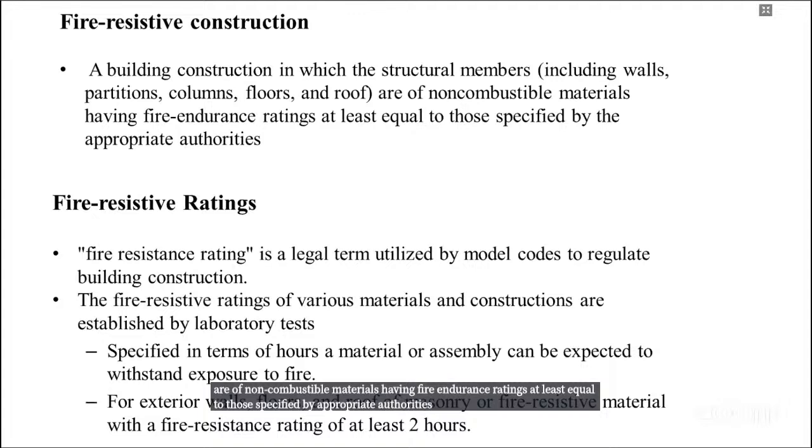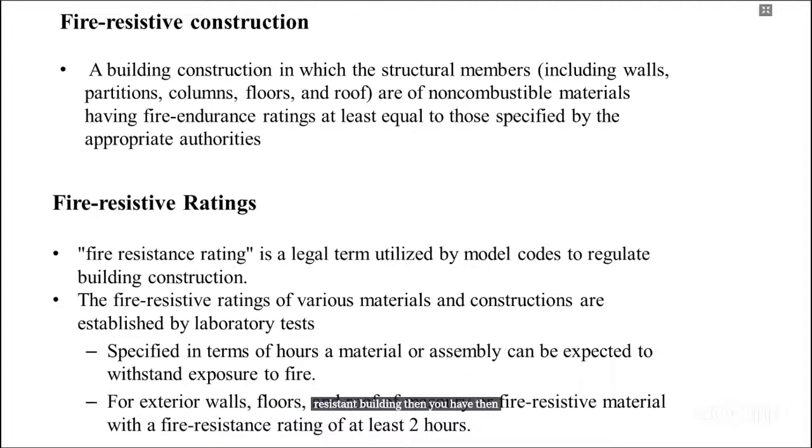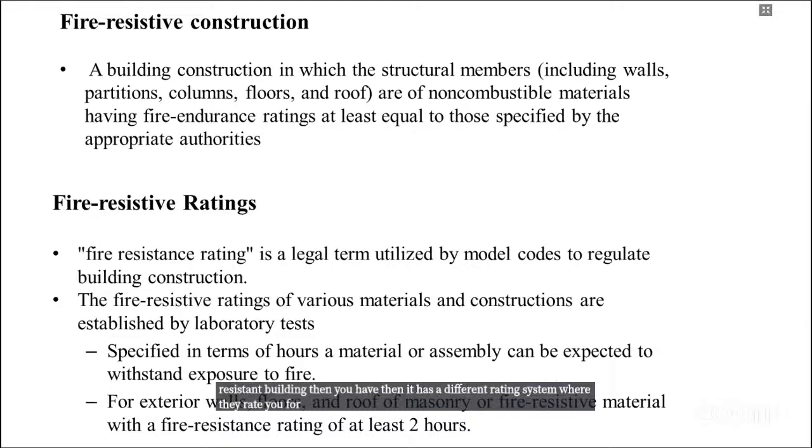So we have a proper channel through this also, like what we say for green, it's a rating system. Again, for fire safety, there is a rating system for every product. If you're claiming that it's a totally fire resistant building, then there is a different rating system where they rate the performance of your building in terms of fire safety as well.